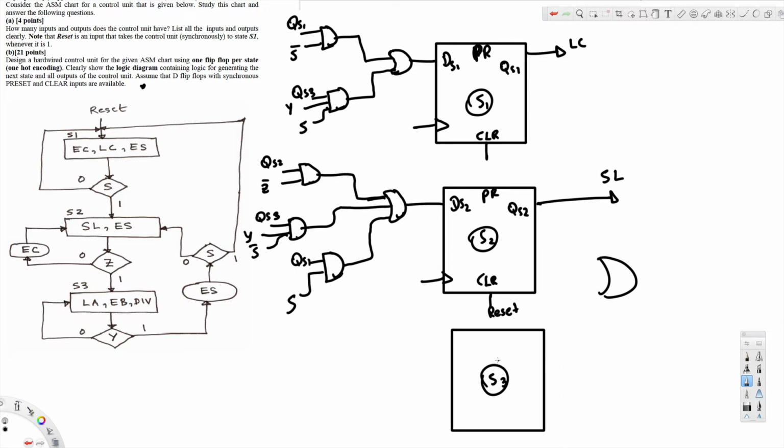Here we have X3, again preset, QS3, LA, EB, DIB.